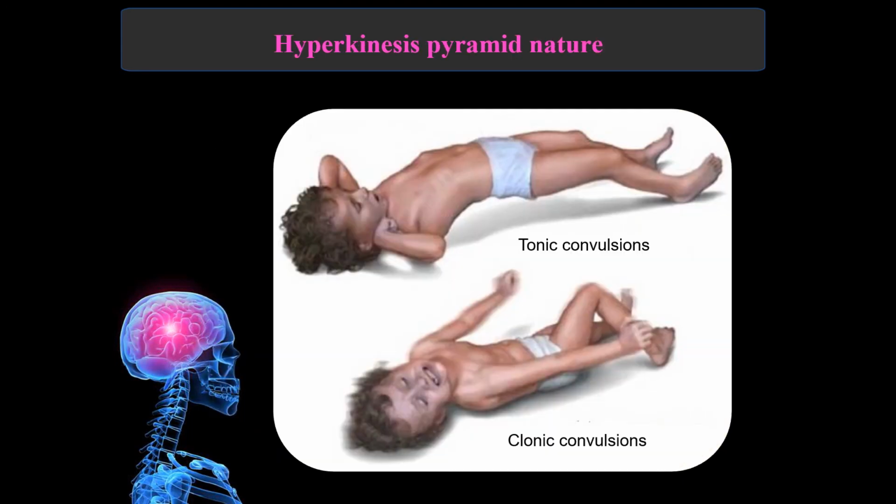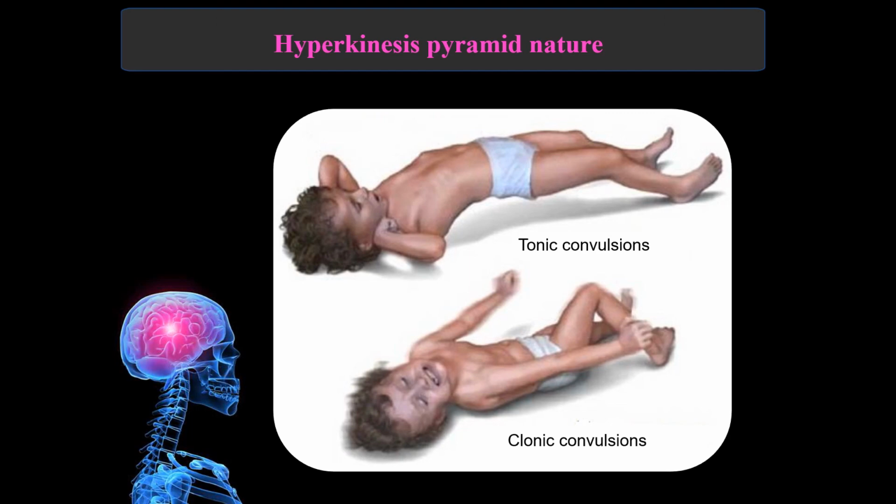Hyperkinesis of pyramidal origin, increased motor activity, is observed in the pathologies of both central and peripheral neurons. In pathologies of the central neuron, hyperkinesis manifests itself in the form of seizures, convulsions. Tonic and clonic convulsions are distinguished.